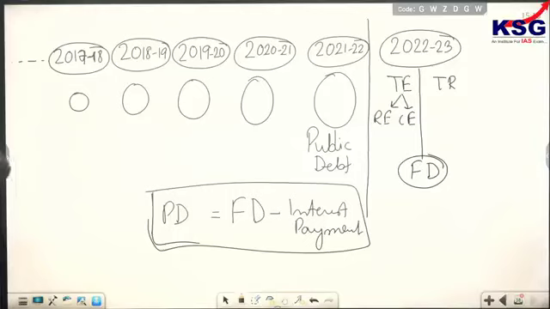It excludes the burden of the past debt and shows the net increase in the government's indebtedness due to the current year's fiscal operations.